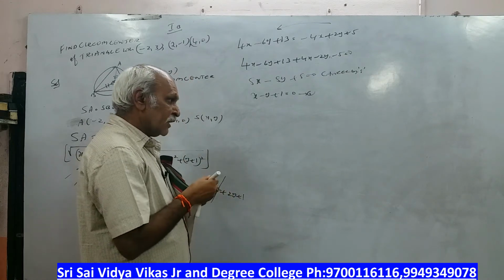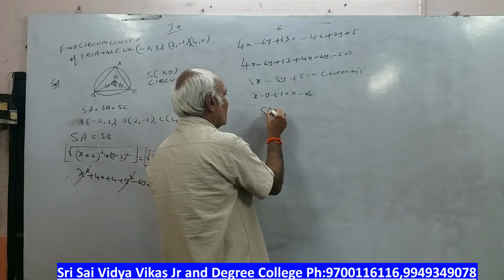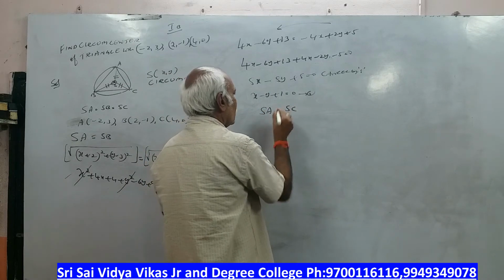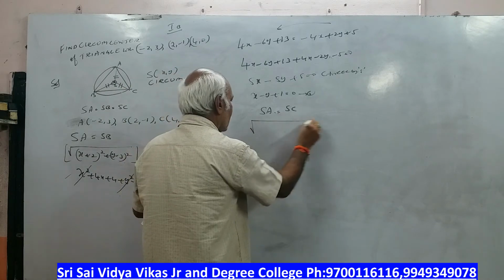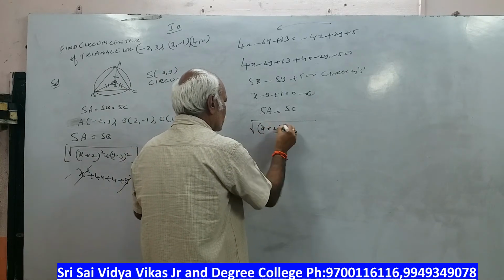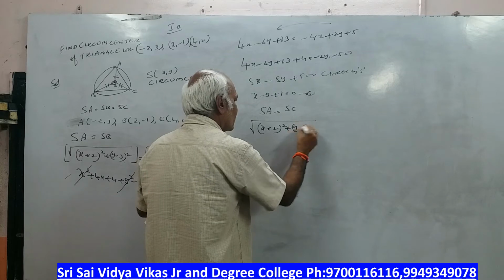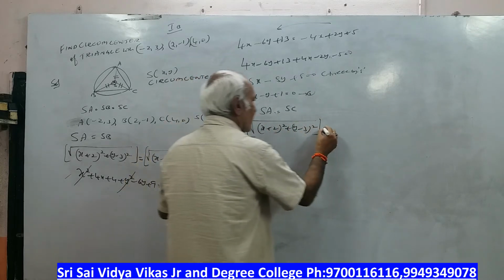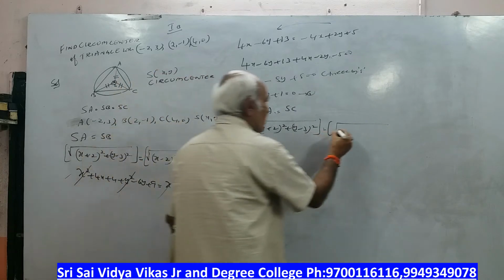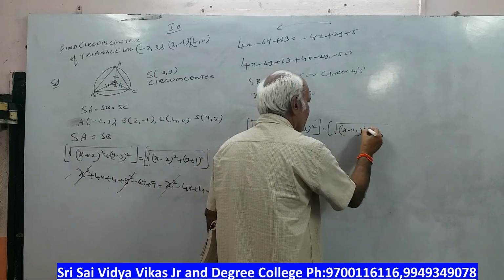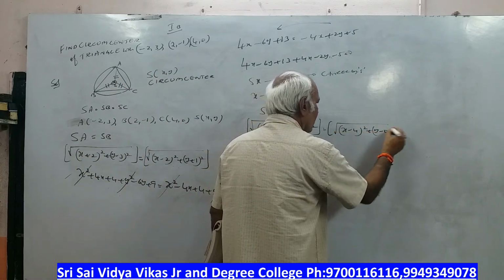Right, next. Again, SA is equal to SC. SA means root of (x plus 2) whole square plus (y minus 3) whole square is equal to root of SC, which is (x minus 4) whole square plus (y minus 0) whole square.